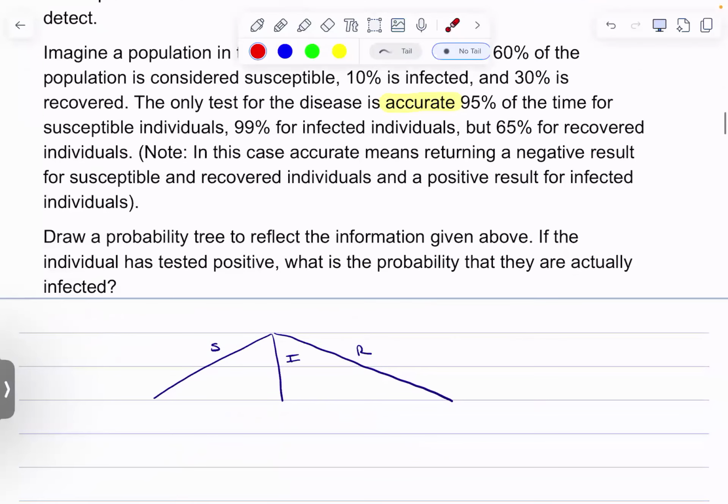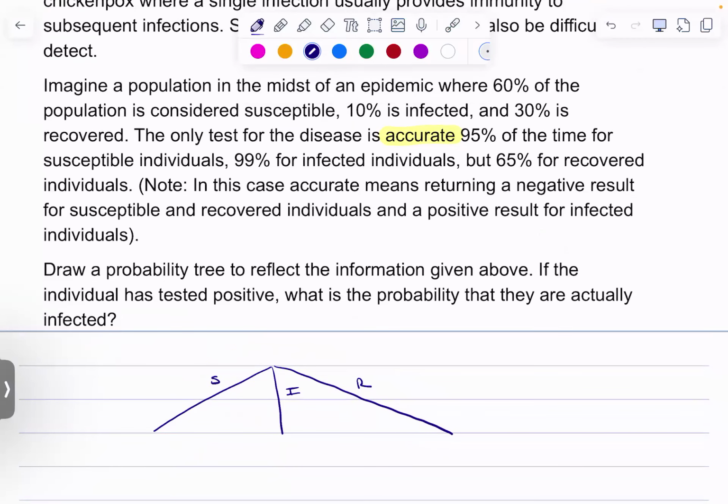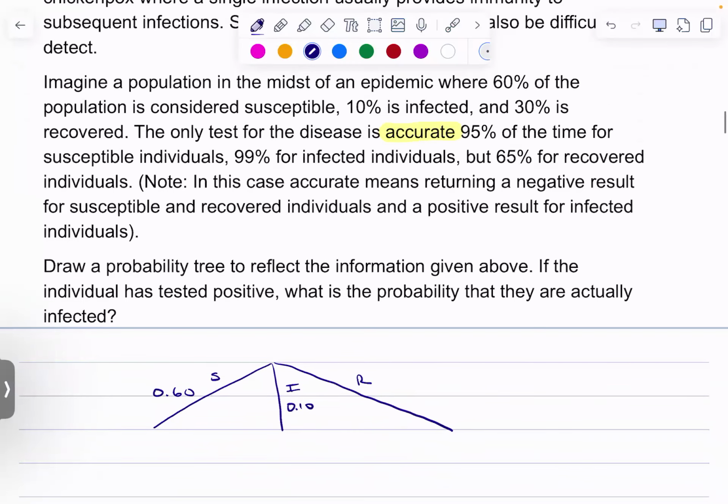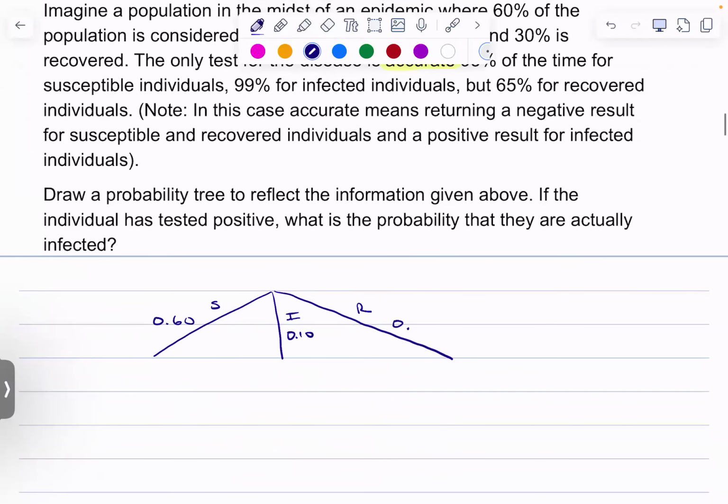Okay, so we are given these probabilities, and we have 60% are susceptible, 10% are infected, and 30% are recovered. What's one of the things that we can check? These probabilities all have to add to 1, right? Because it has to take into account all the possible outcomes. Otherwise, it's incomplete. Bless you.